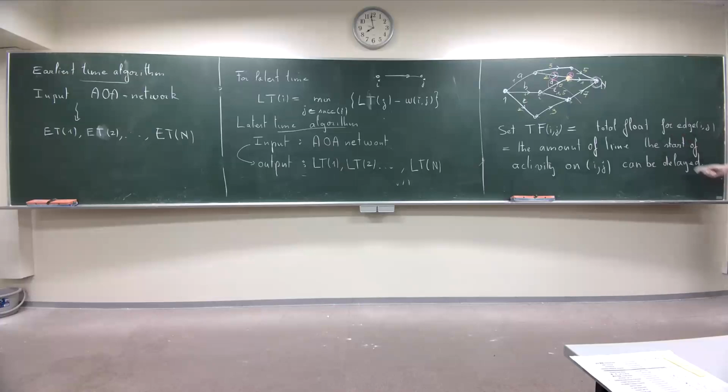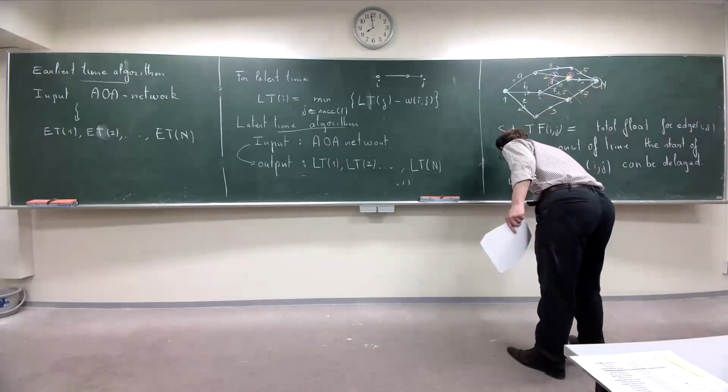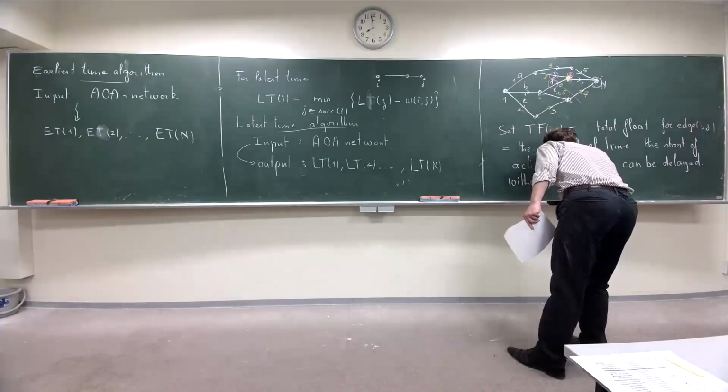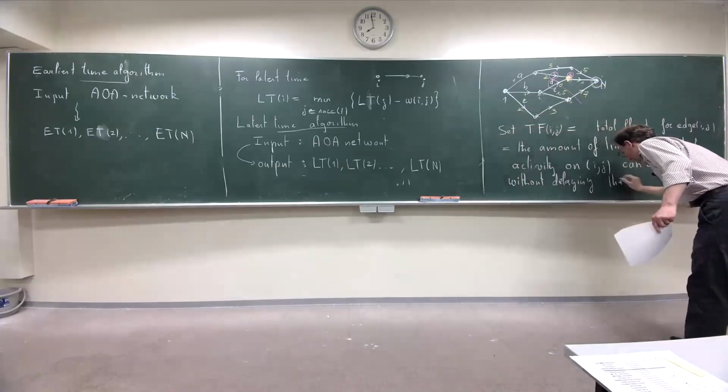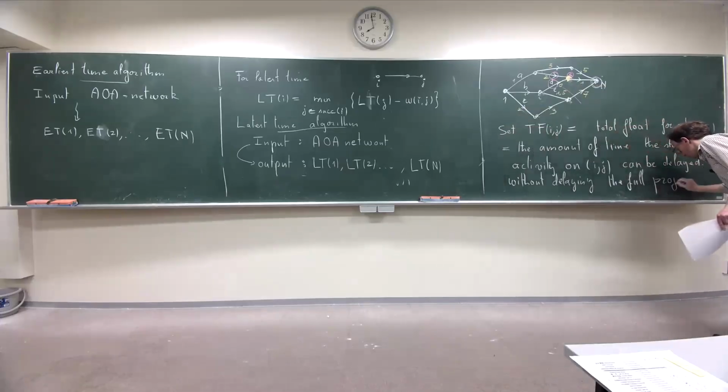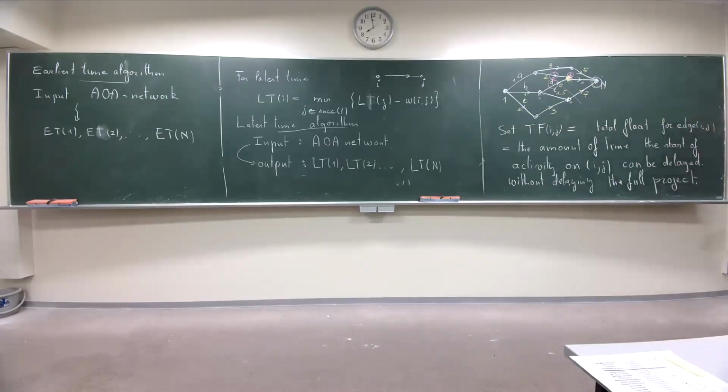So the total float is this amount of time the start of the activity on IJ can be delayed without delaying the full project. Of course, you are not allowed to delay the full project, but still, if you can rest for a while, you are going to do it.